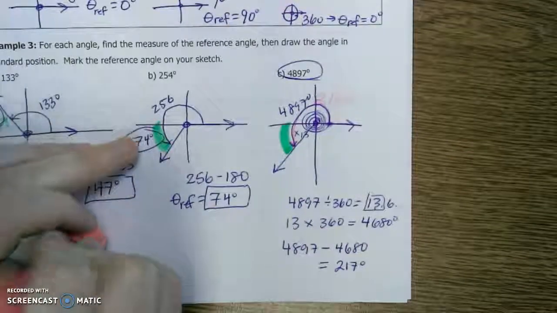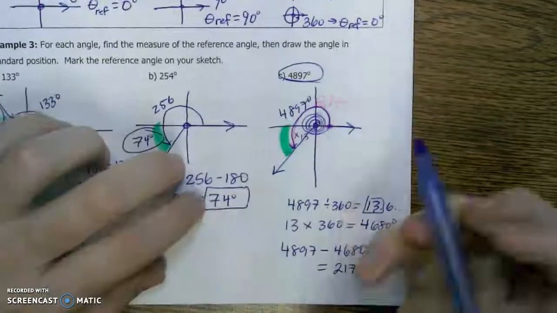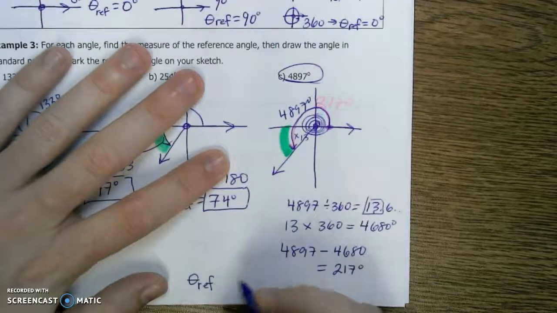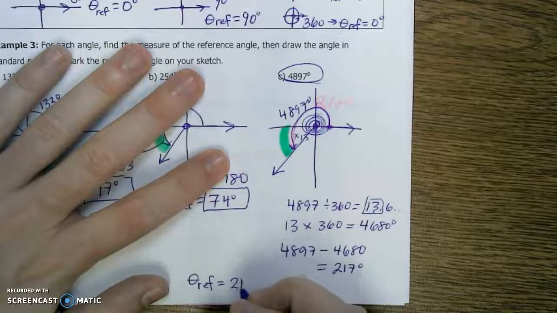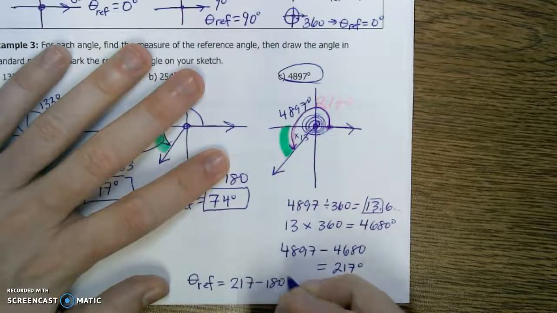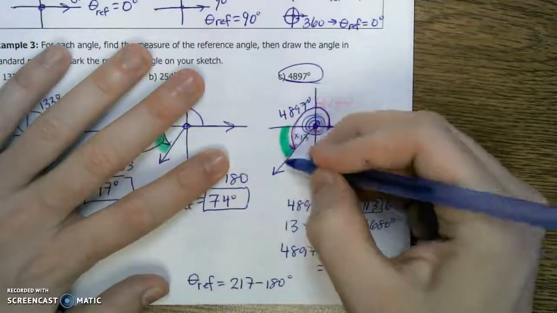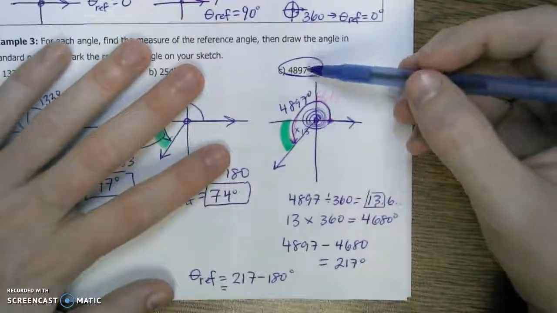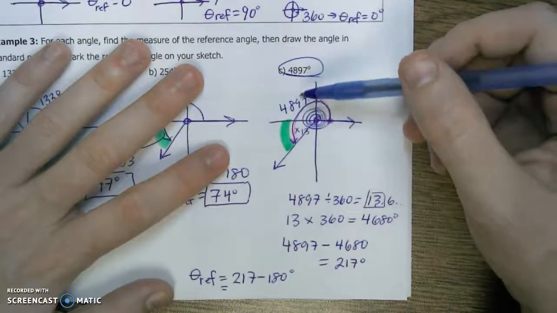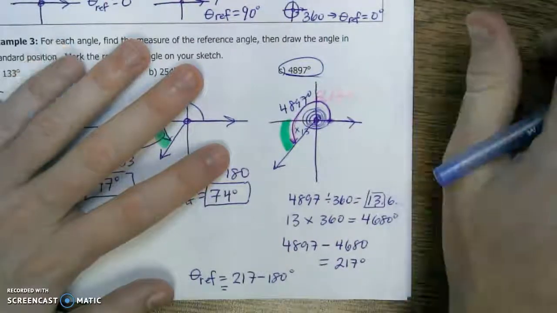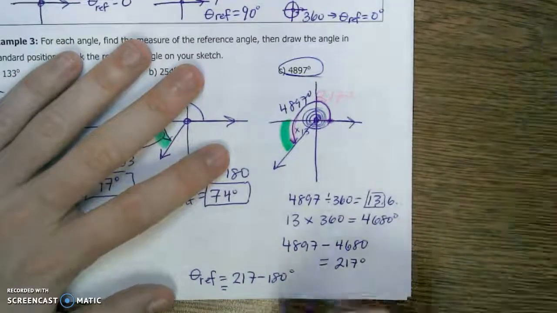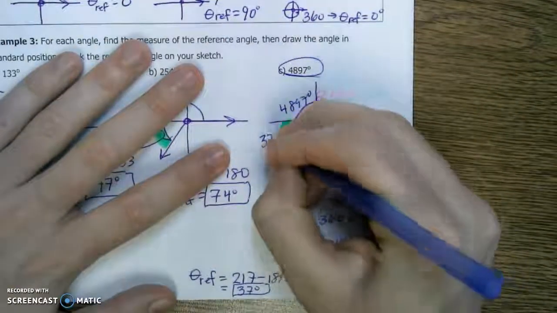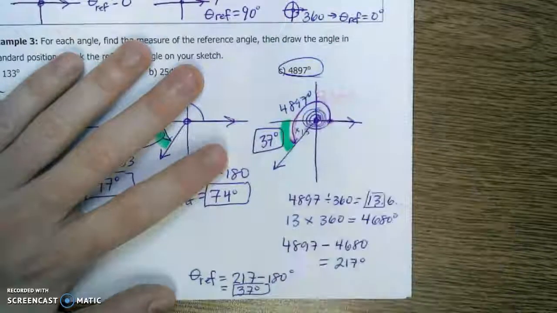So if I want to find the reference, then I want to take 217 and subtract 180, which is the closest x-axis to that. You could take 4,897 minus 180, but then it wouldn't be acute, and we need it to be positive, acute, and measured from the x. So if I subtract those, I get 37 degrees. So the reference angle here is 37 degrees.